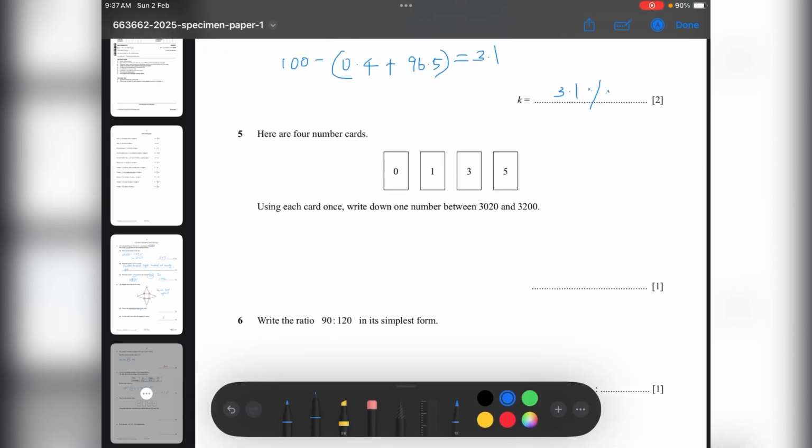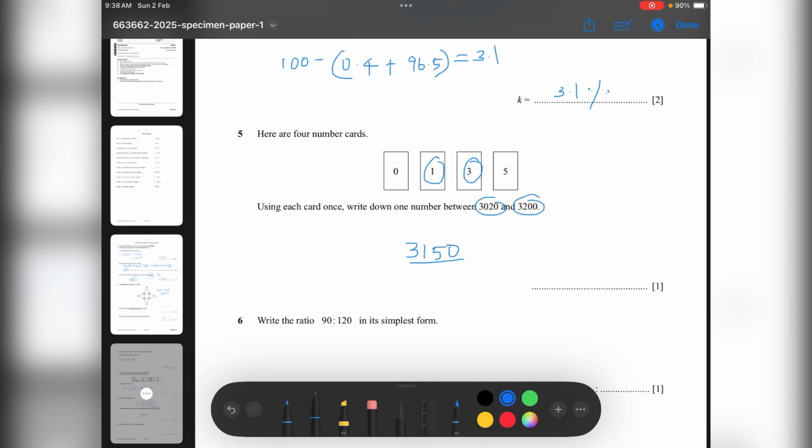Here there is a number. It should be between 3020 and 3200. So here, 3020 to 3200 you have to see. First thing, obviously this is the first number. So you will write a 3 here. Now what will the next number be? If I place this, is it okay? Yes, it can be. So 1, 5, 0, because this will come between this and this.